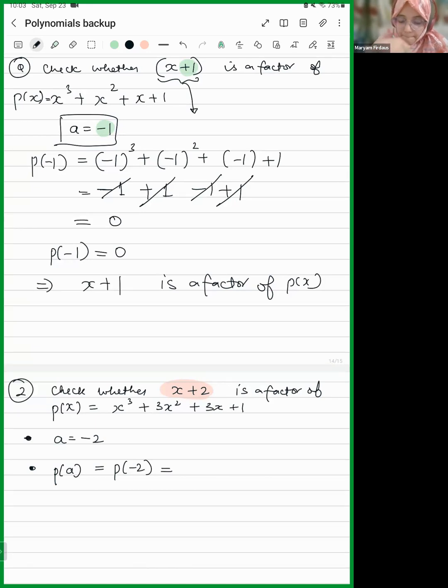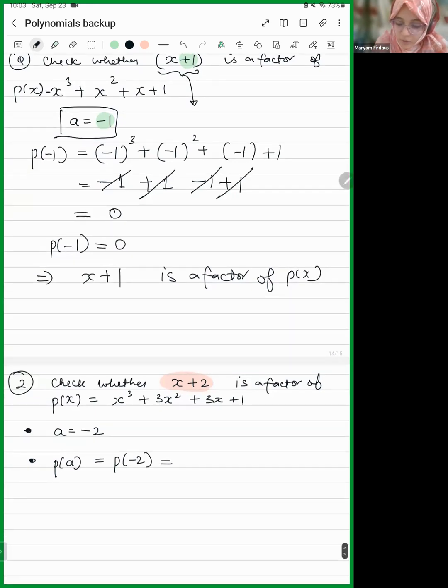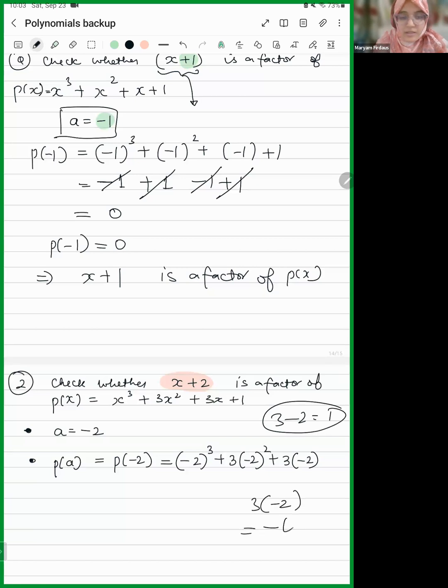Minus 2 cube, plus 3 times minus 2 square, plus 3 times minus 2. Don't say 3 minus 2. 3 minus 2 is equal to 1, whereas 3 times minus 2 is equal to minus 6. Do you see the difference then?